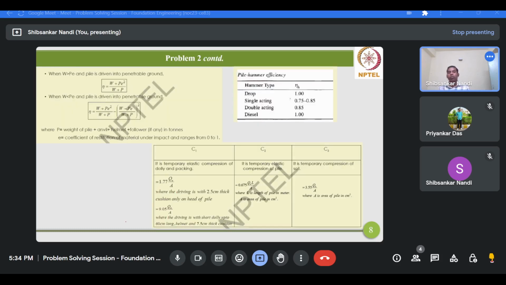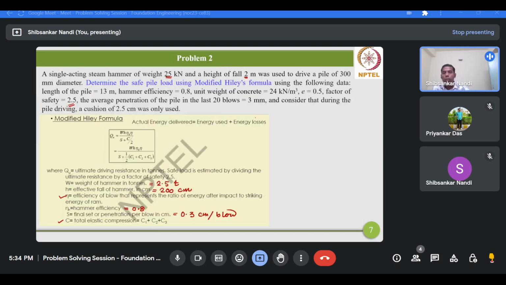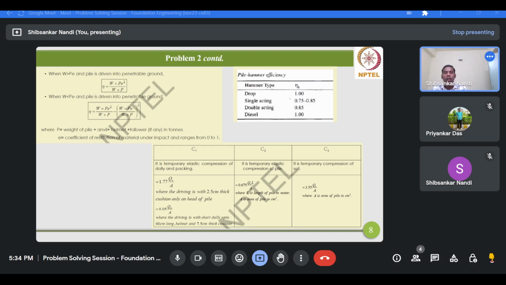Now one more thing, that in this problem eta H, that is the hammer efficiency, is directly given to this problem. If this is not the case, we can also determine this value using this table, that is the hammer type. This table is basically giving you the information about the hammer type and the corresponding efficiency.